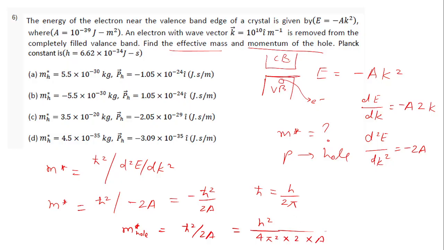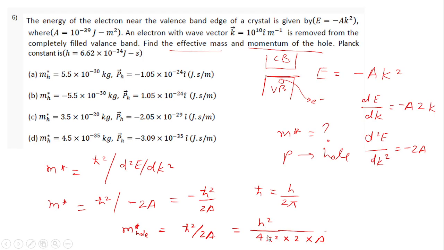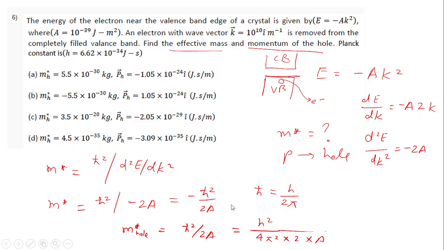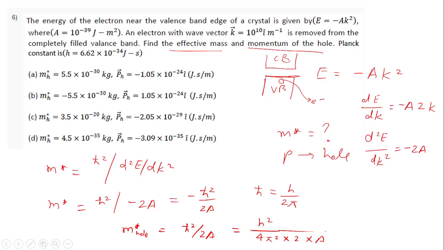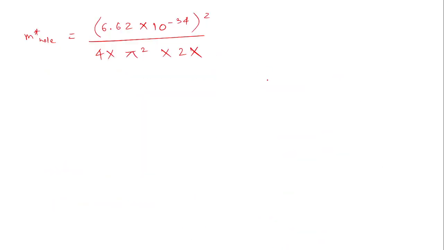When we substitute the values here, effective mass of hole will be: value of h is 6.62 times 10 to the power minus 34, square of this, and then we have 4 times pi square, and 2 times a. What is the value of a? 10 to the power minus 39.